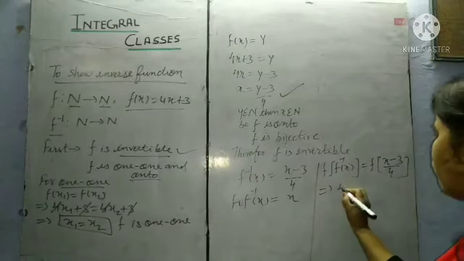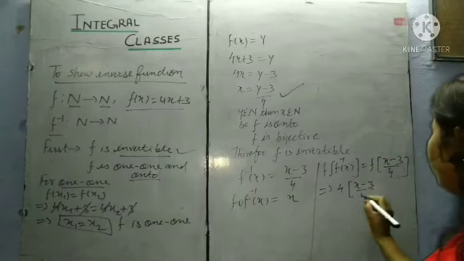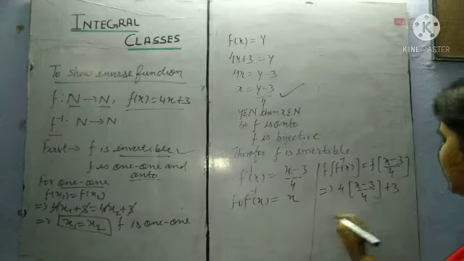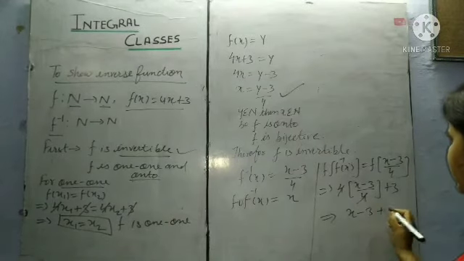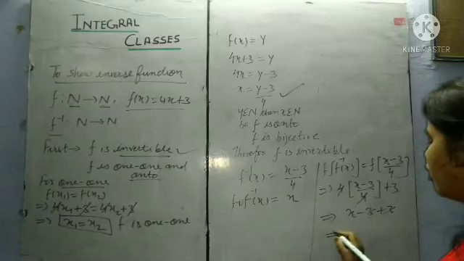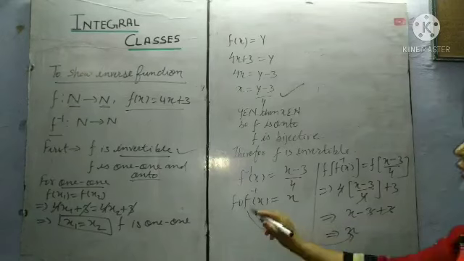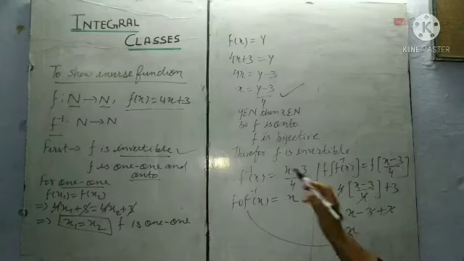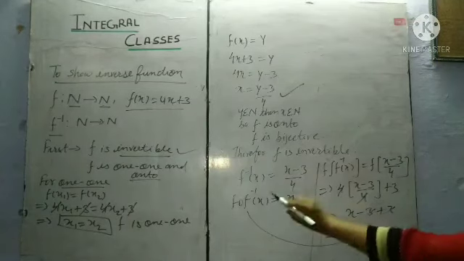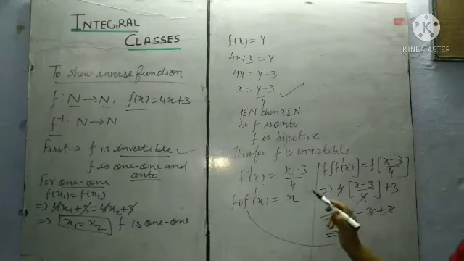So 4 into (x minus 3) by 4 plus 3. Then 4 is cancelled. x minus 3 plus 3 is also cancelled. Now we will get x. It means f is an invertible function, and we will get the inverse f inverse x is equals to (x minus 3) upon 4.